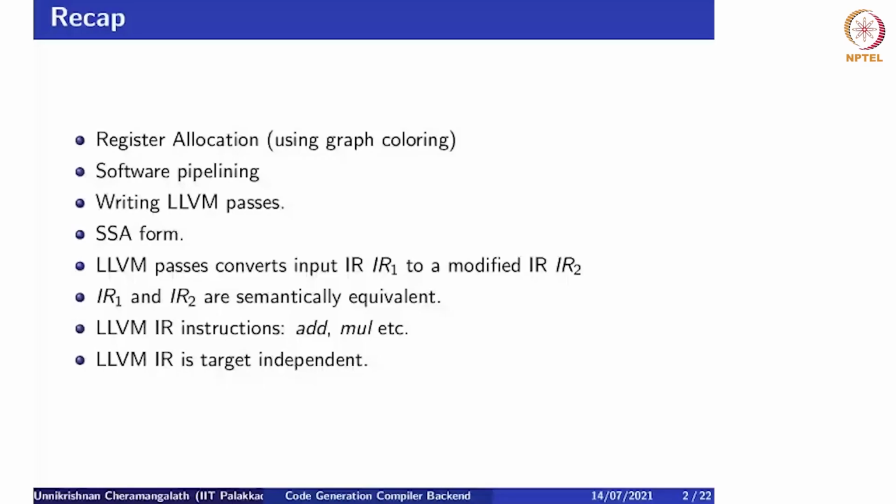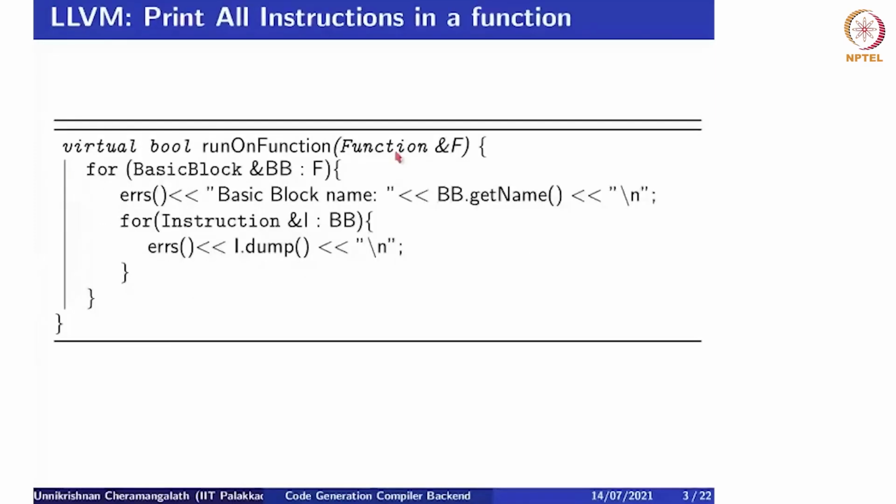So you might have seen this code, something similar in LLVM, where we have a runOnFunction, where you iterate over all basic blocks in the function F, and then you print using errs the basic block name.